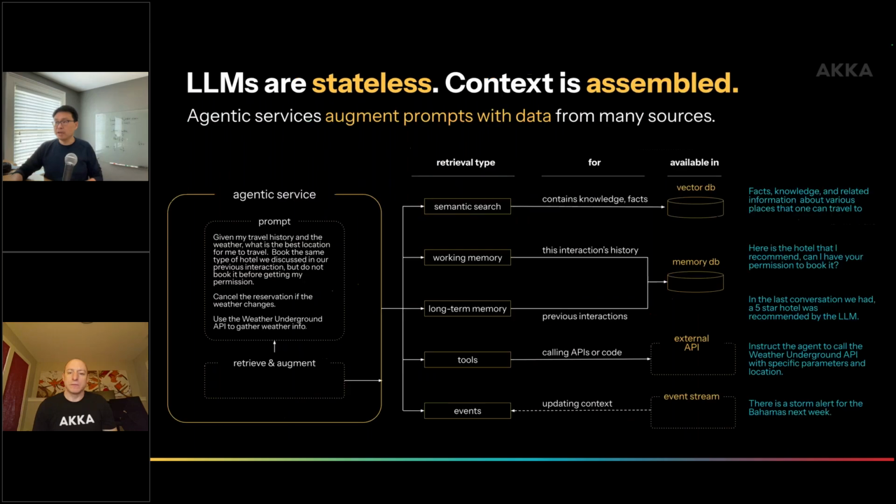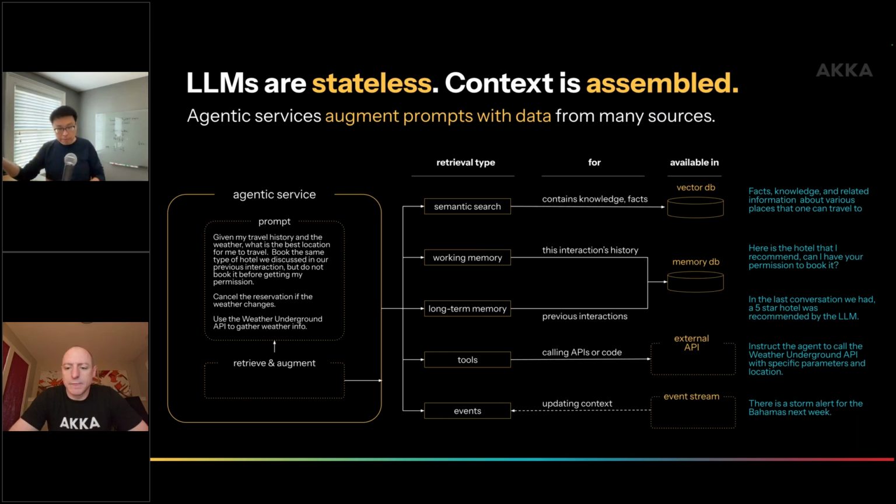That's exactly right. And this is where, when we talk about how LLMs are stateless, that context that you're sending to the LLM in the form of the prompt is assembled from all these different sources, right? So you're getting knowledge and facts from a vector database or any other sort of data source. You're taking the current conversational history, as well as past interactions, if they're germane, from a memory database.